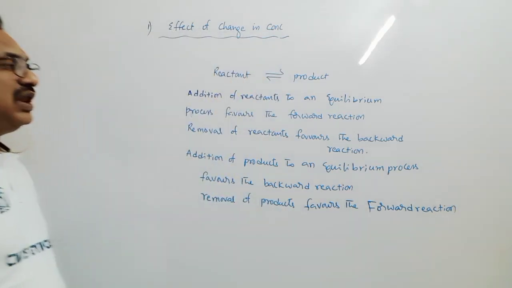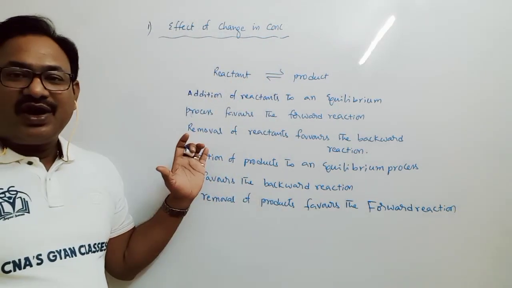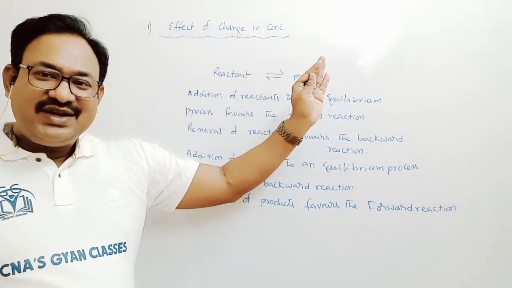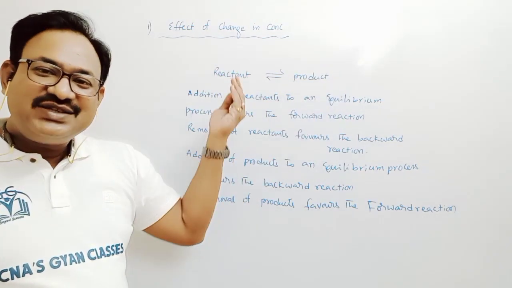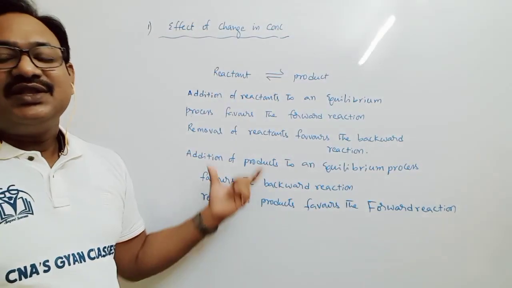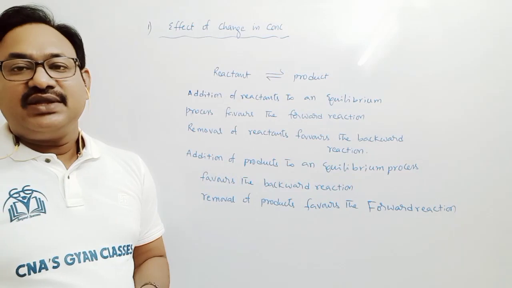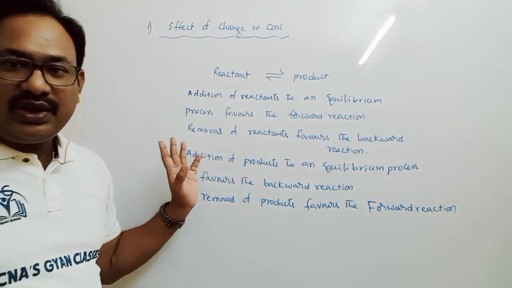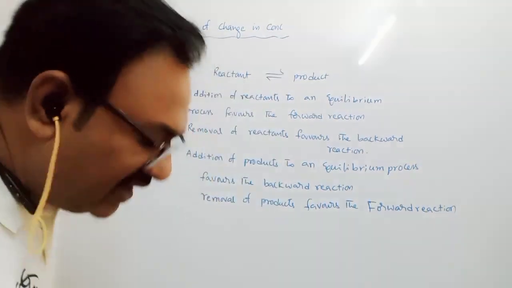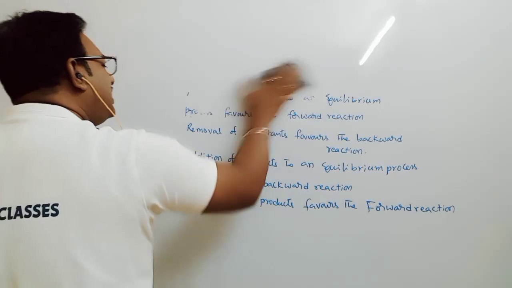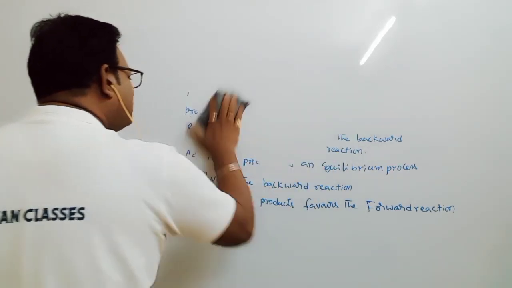Okay, so like that you should remember. Here forward means reactant to product side. Going to product side is forward. Coming to reactant side is backward. So like that, in the simplest way you can understand the effect of concentration on equilibrium position. Okay. Now coming to the second one, effect of temperature on equilibrium position.